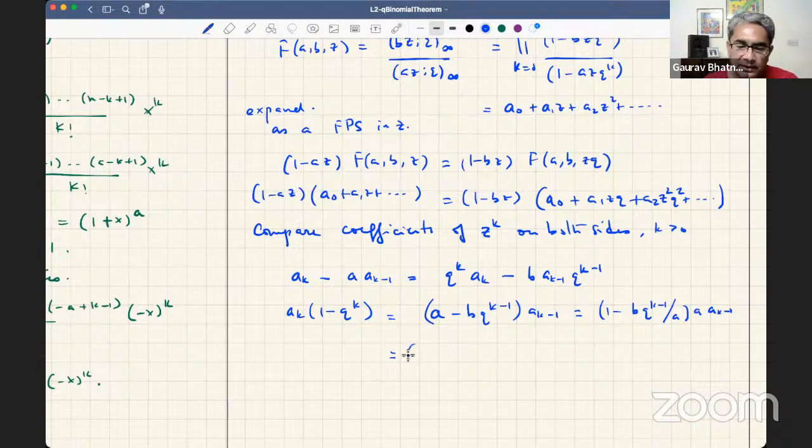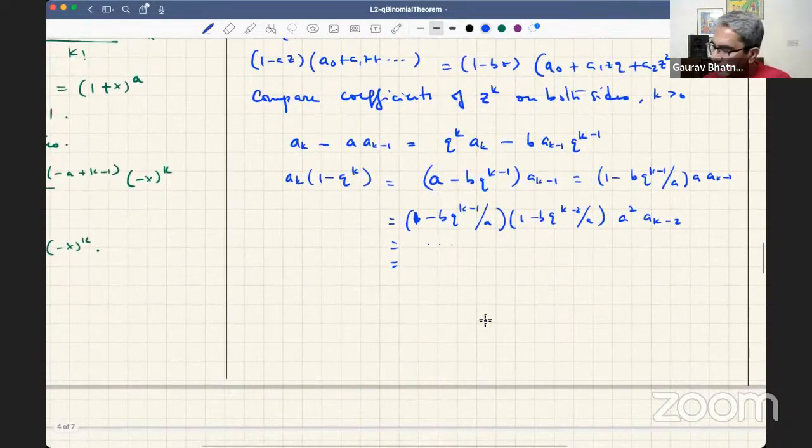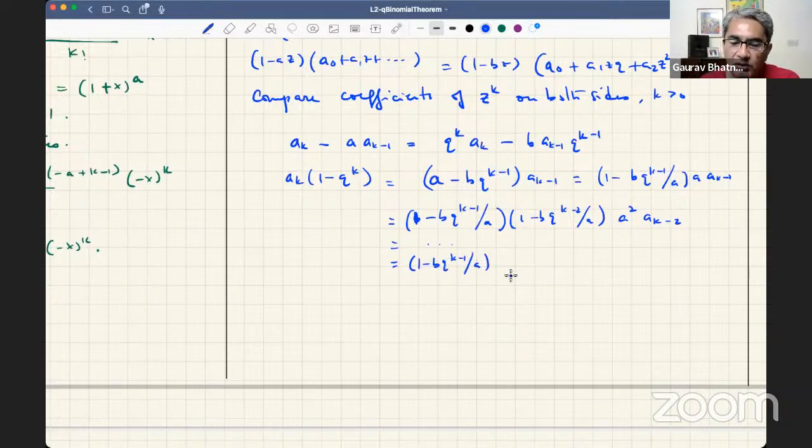So then you can iterate it. So 1 minus bq to the k minus 1 over a, then 1 minus bq to the k minus 2 over a squared, a_(k-2), and so on, till you get to the last step. Sorry, there is a denominator here.